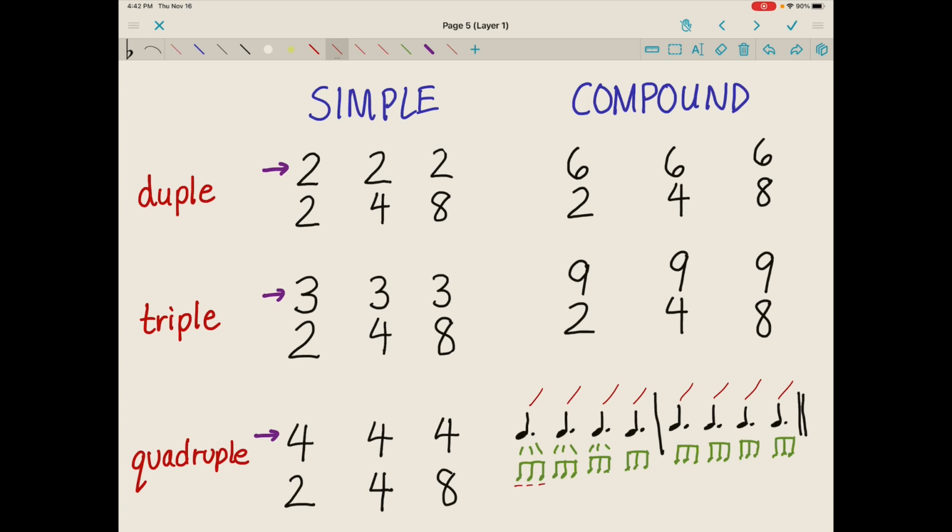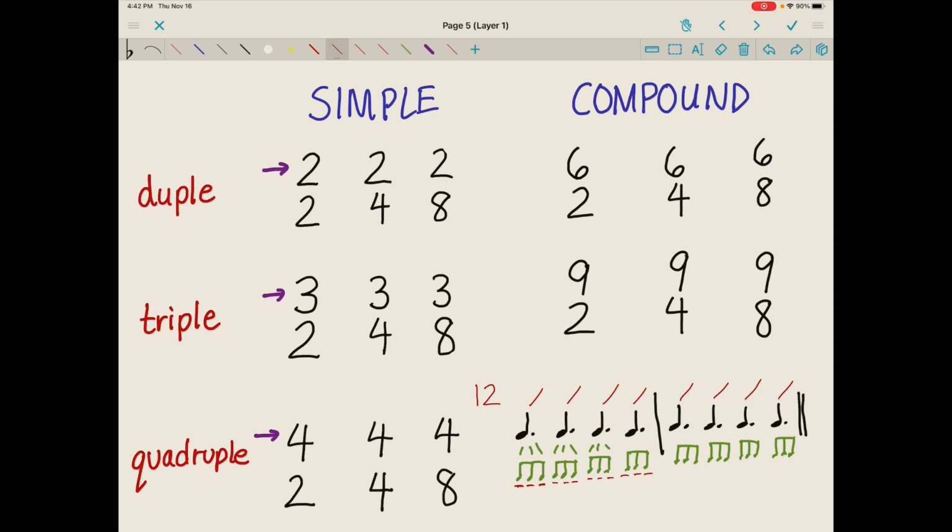Recall that in compound meter, the top number of the time signature will tell us how many subdivided beats there are in a measure. So let's count up our subdivided beats. 1, 2, 3, 4, 5, 6, 7, 8, 9, 10, 11, 12. So we'll put that as our top number of the time signature. The bottom number of a time signature in compound meter will tell us what kind of note value is our subdivided beat or pulse note.